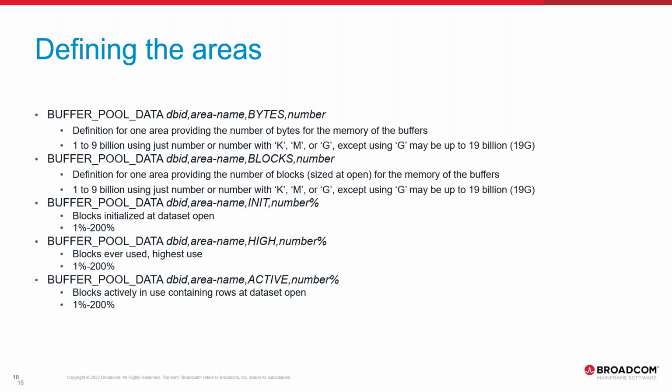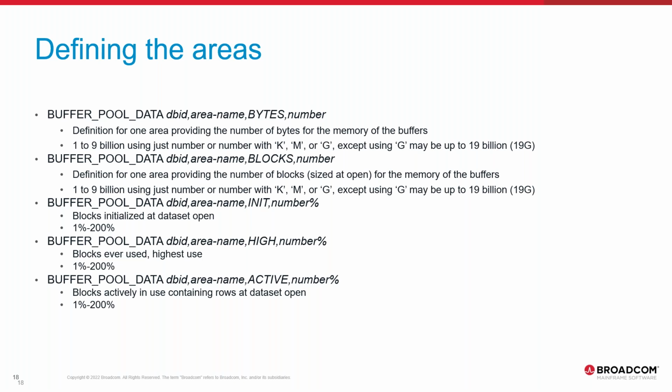You define a database, you provide an area name. The area name is optional. If you specify an area name, then it applies. If you do not specify an area name, then at the time of the open, any area in that database will cause this to be a match if there's not a specific area name also involved. So that's the simple part.